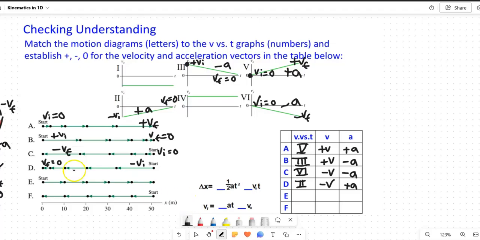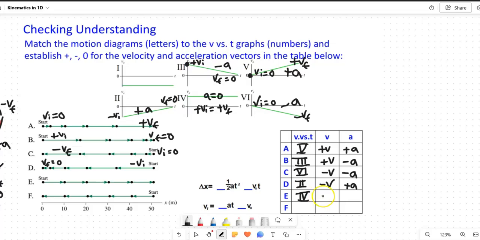All right. These last two, really simple. We've done them before. E is going to be Roman numeral 4. So the initial velocity, the positive initial velocity, is going to be equal to the positive final velocity. And that acceleration is equal to 0.